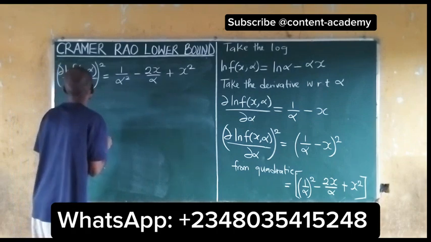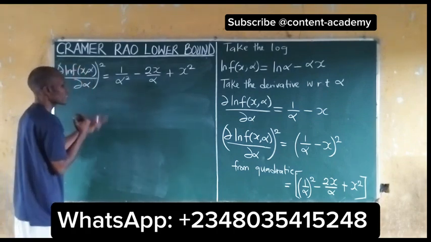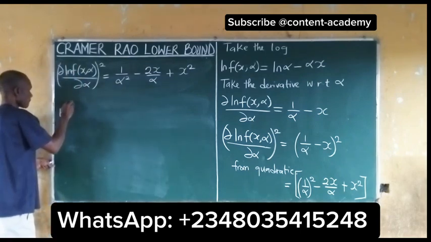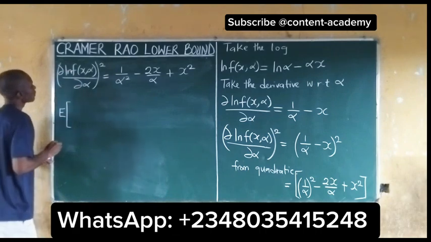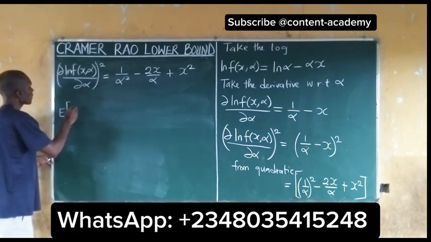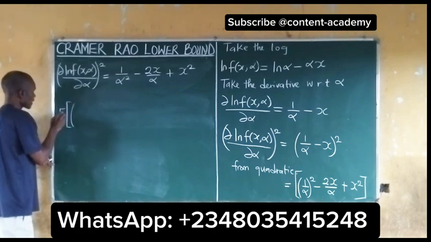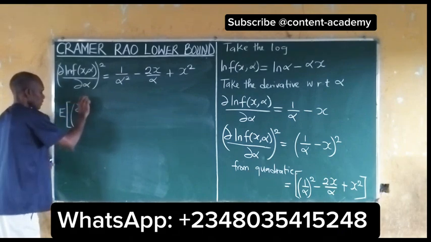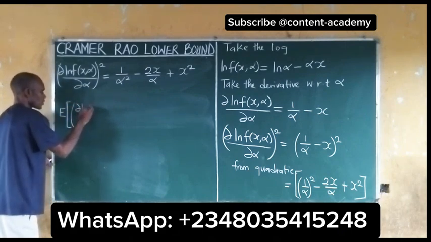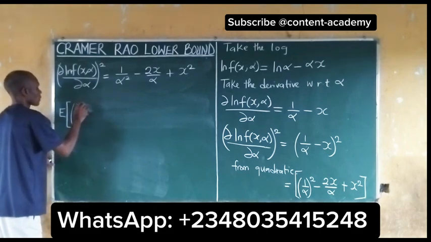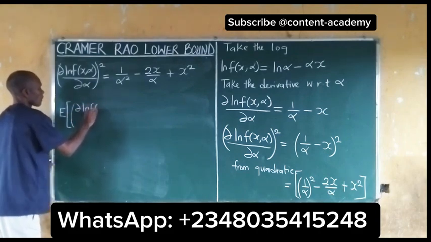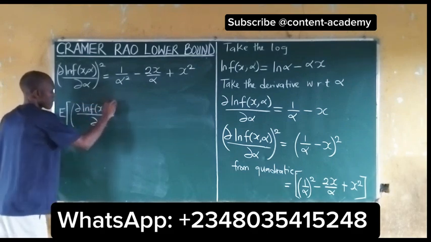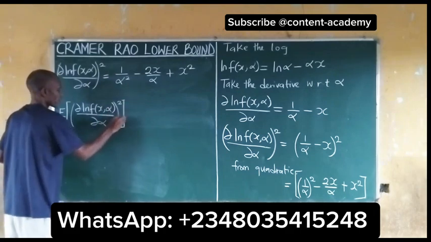So the next thing to do is to take the expectation. From our lower bound inequality, we can get the expectation, which states the differential of f of x, alpha, squared.